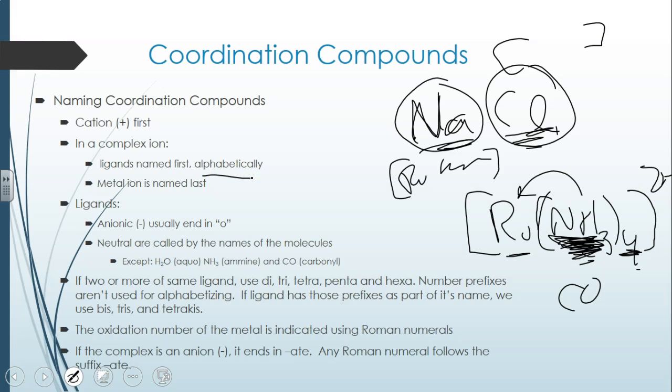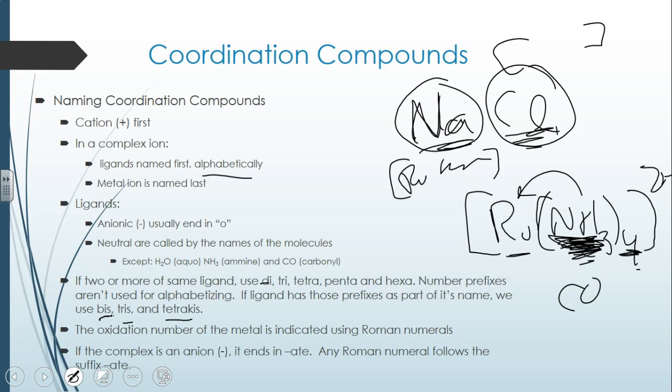We only look at the ligand name for alphabetizing. If the ligand itself has a prefix in it, we use these funny versions of those. Ethylenediamine has di in it, so if we have 2 ethylenediamines, we're going to say bis ethylenediamine. So it's kind of strange.